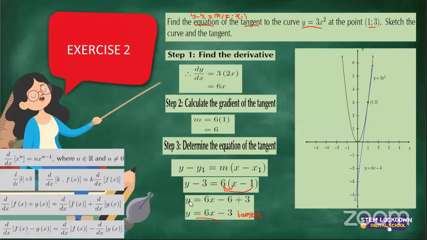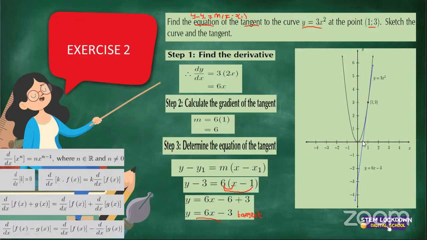Okay, Deborah has a question. Deborah: Hello, ma'am. So when you calculate the gradient of a tangent, why did you substitute 1 from the point?